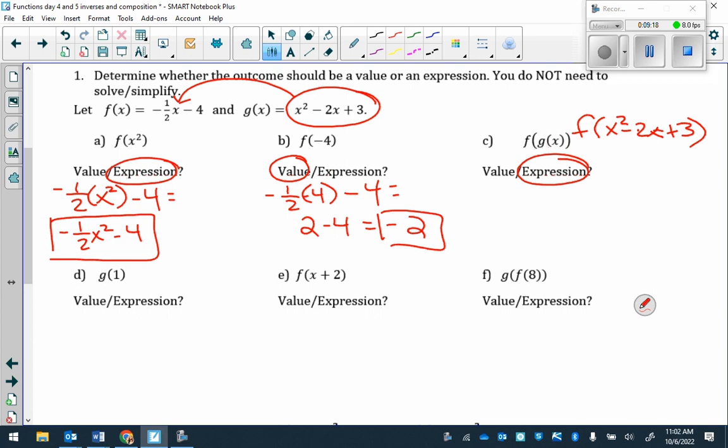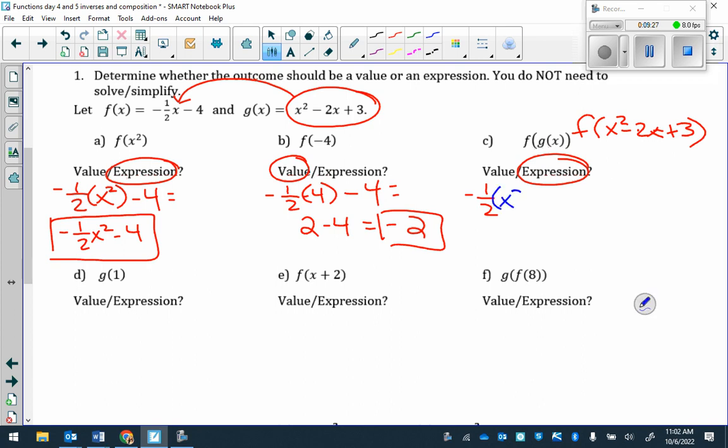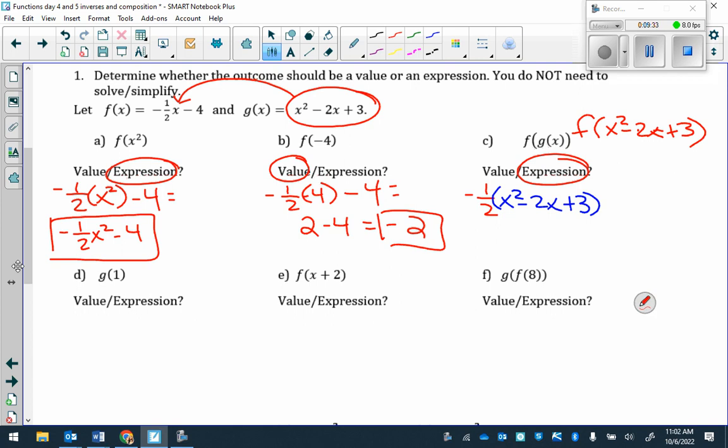Okay, so now I'm going to take negative 1/2, input my g of x function, okay. So I inputted my g of x function into the x of the f function.